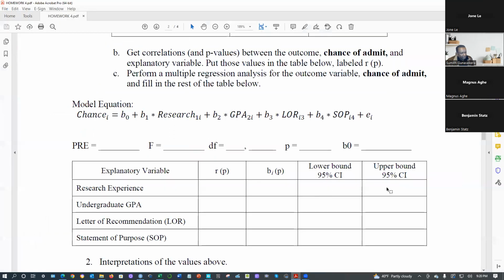So put the confidence interval here: upper bound, lower bound, for each, corresponding to these coefficients. Now, if you want, you can get it corresponding to R as well, but it's not clearly mentioned. I'm going to write it.